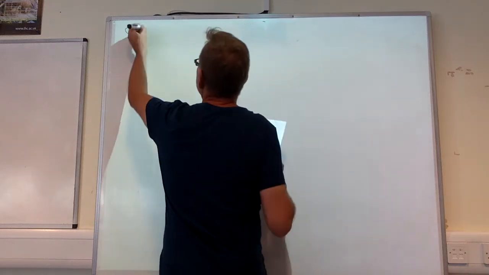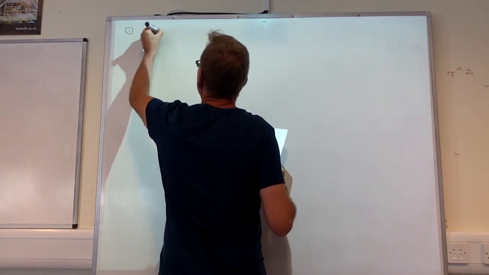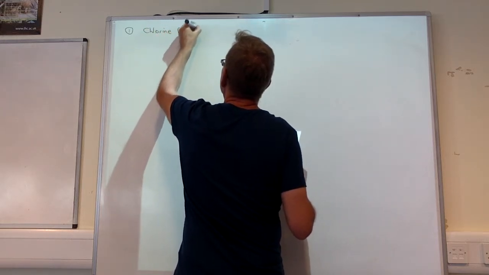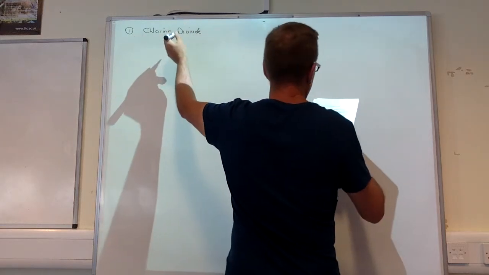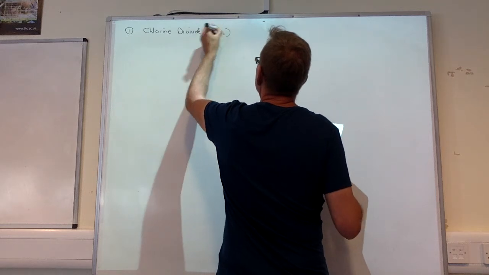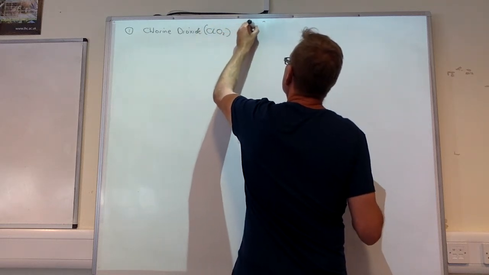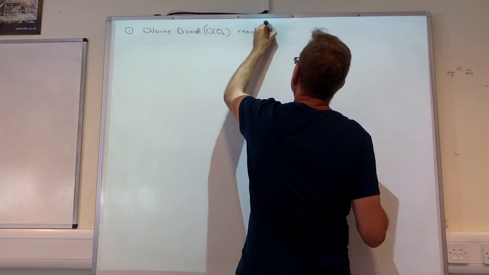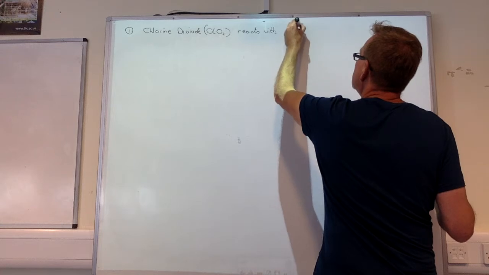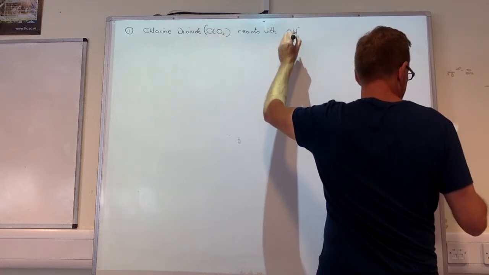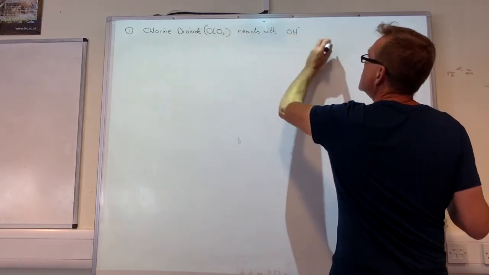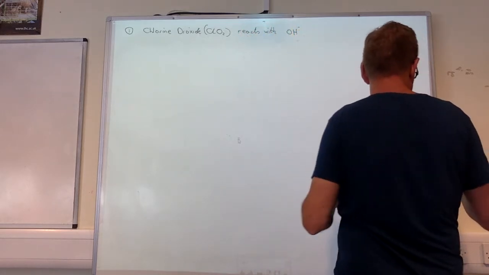Chlorine dioxide, never heard of it, don't care, formula ClO2, reacts with hydroxide ions, full stop.